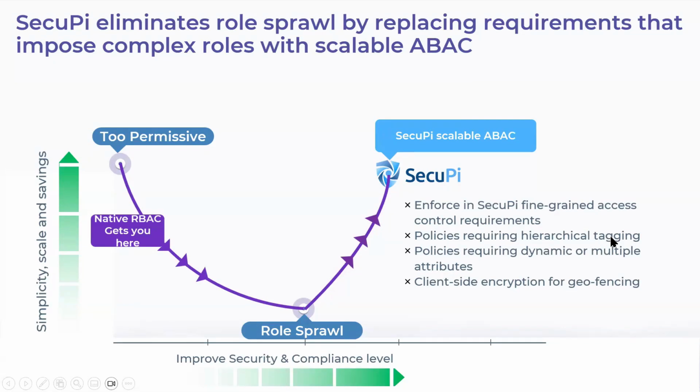So, for example, is it PII? What type of PII is it? Is it an email? Is it a home address? Is it a first name, last name? So we can have all those hierarchical tags on the data. We can also have attributes about the users, for example, in real time. So we can get it dynamically from the authentication system, or we can get it in an API push, even in the middle of a session, which is pretty cool.